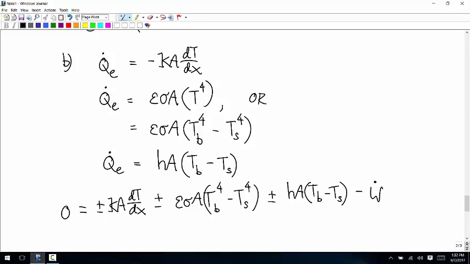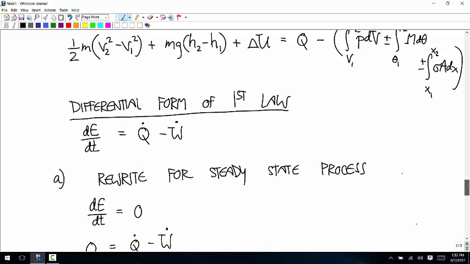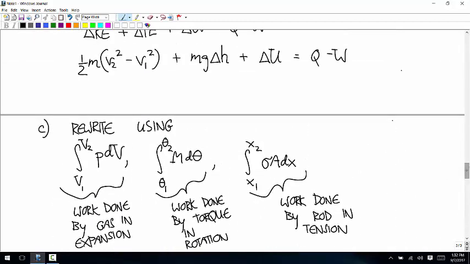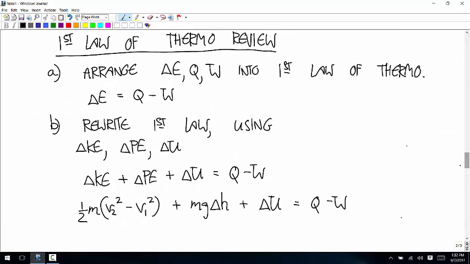Otherwise, you're probably going to use the standard form. And from that point on, you're just making these substitutions based on whatever values you're given. Any questions about that way of thinking about it?